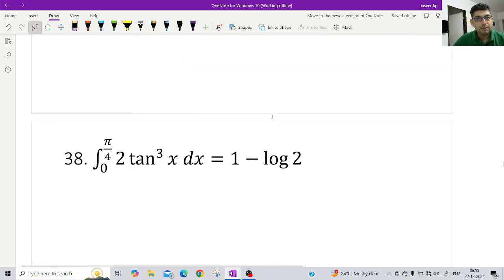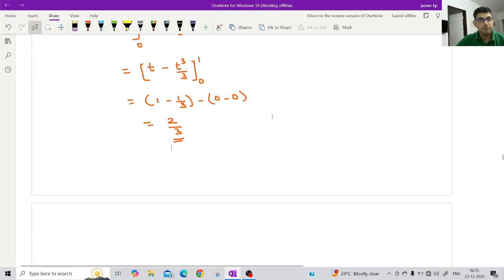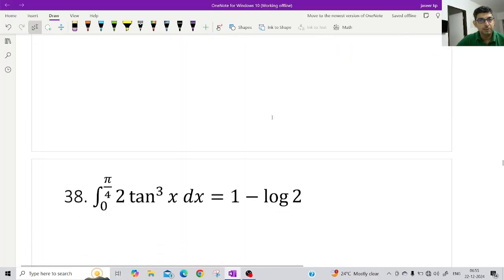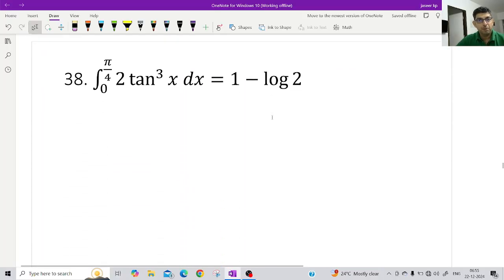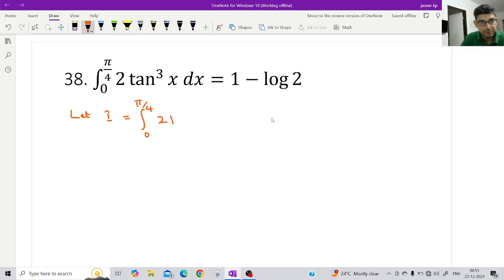Now we will move to the next problem. This was 37, now 38. 0 to pi by 4 2 tan cube x dx. So again let us take this as I. So let I equals integral 0 to pi by 4 2 tan cube x dx.